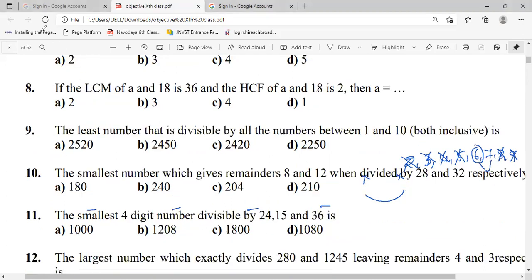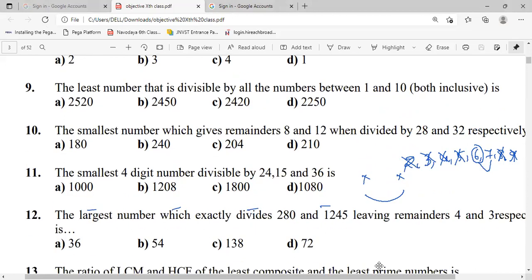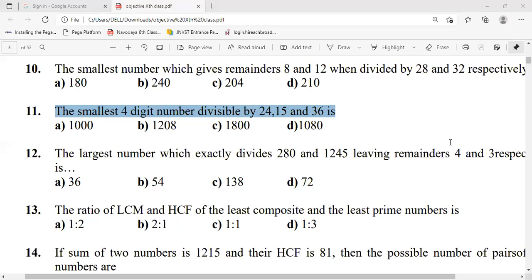Next, 10th one. The smallest 4-digit number divisible by 24, 15 and 36. Whenever they're asking the smallest number, you have to take the LCM of all these numbers, the LCM of the 3 numbers, or else you go for the division. That also is simple.